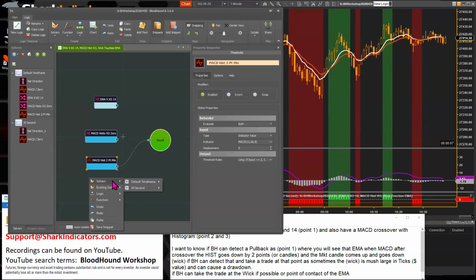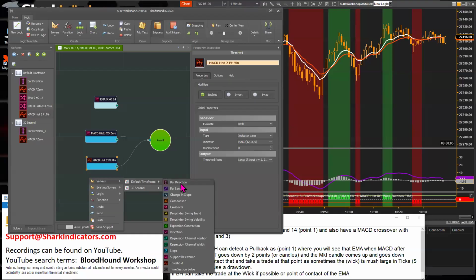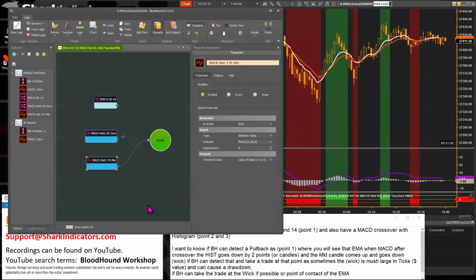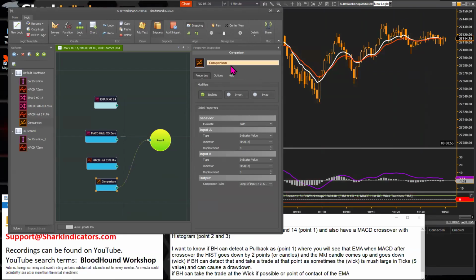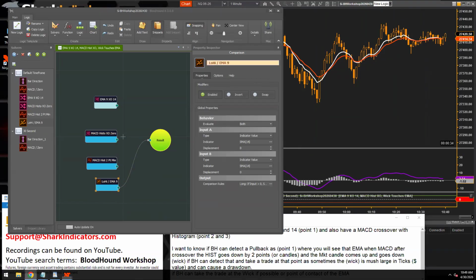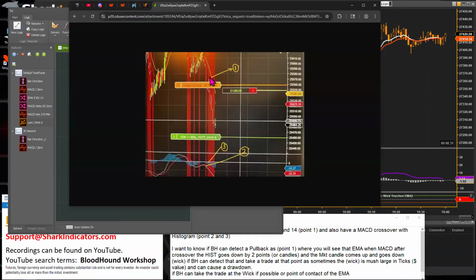So that is going to be a comparison solver here. So let's grab a comparison solver. All right. So the example that we have here, the screenshot, is of a short signal, right?